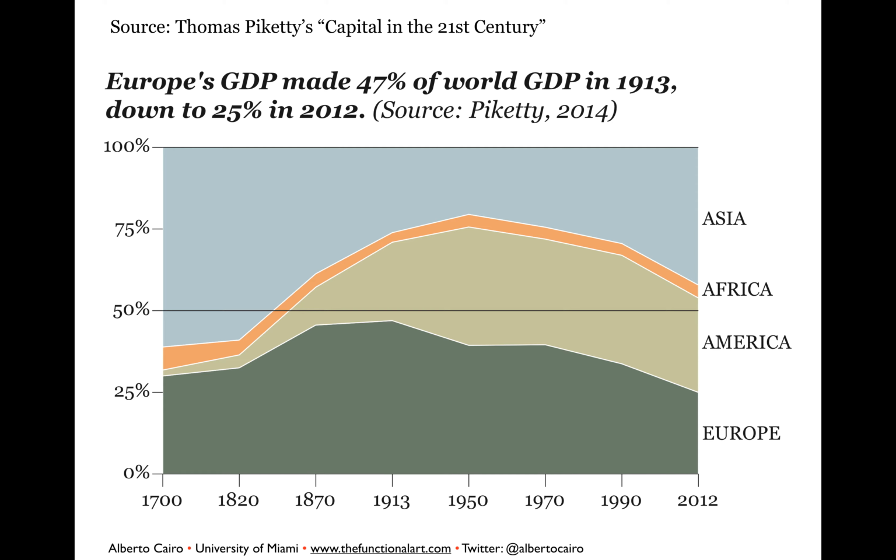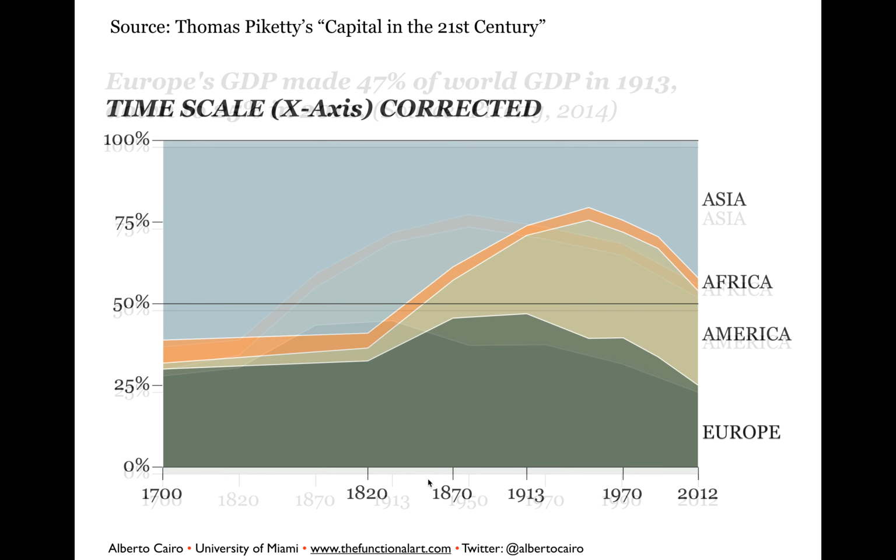Well, before I proceed to talk a little bit about what I believe could change in this graphic, let me tell you that the graphic has some room for improvement, just because the distances between the years over here are not even, and that creates a very misleading impression. This is a time series chart. It's not a line chart, it's an area chart, but it's a time series area chart, and the intervals of years here are not even, and that is wrong, right? So that's something that we could fix.